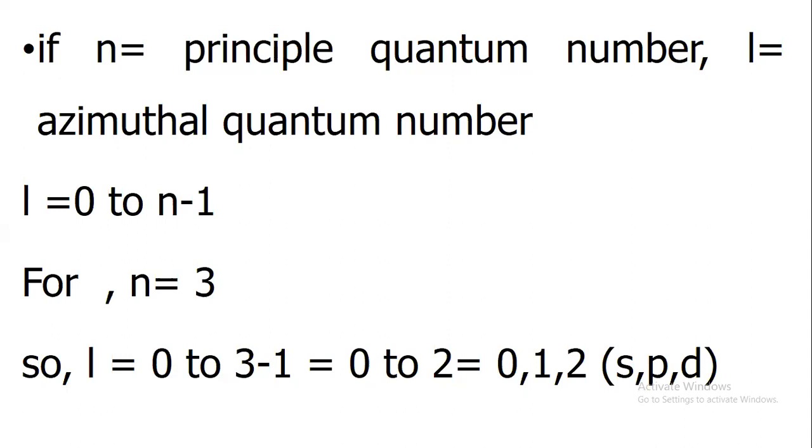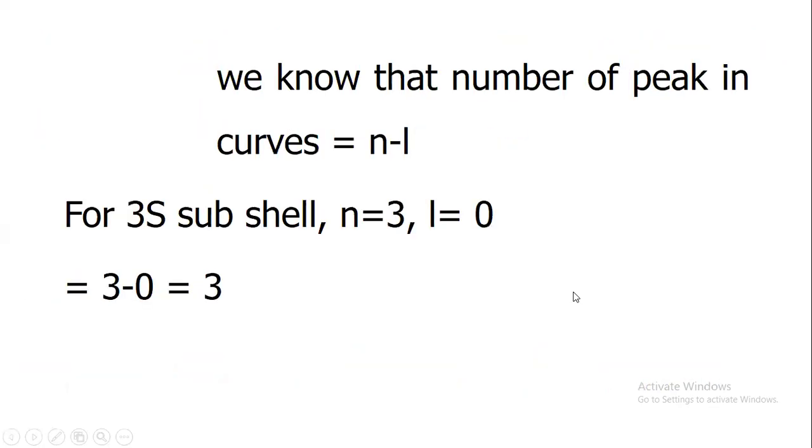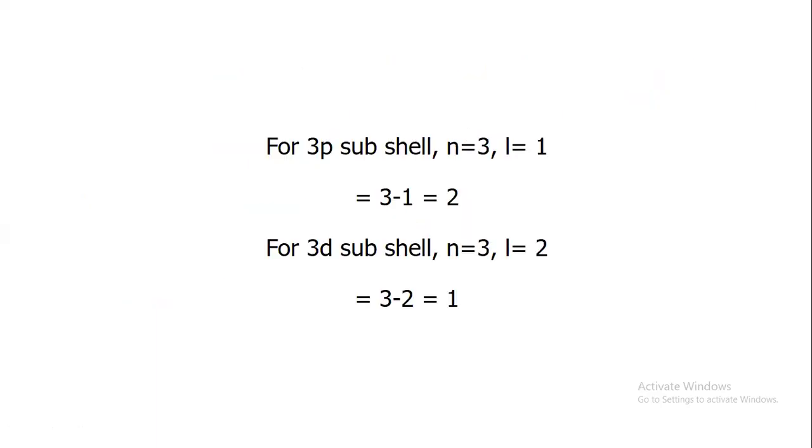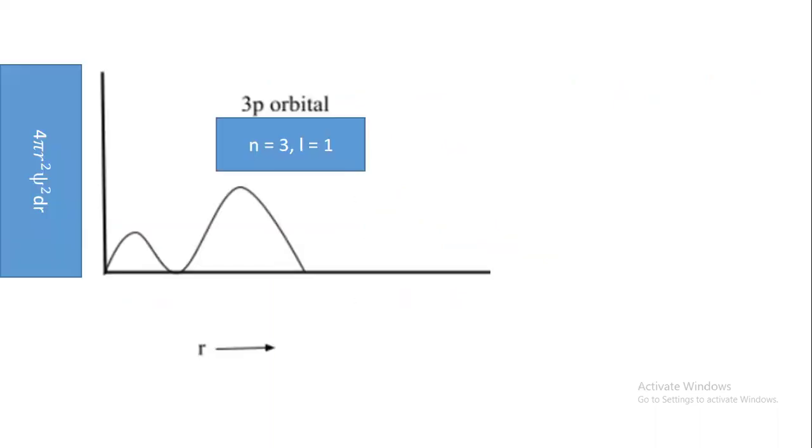For n equal to 3, l equals 0 to 3 minus 1, so 0, 1, 2 for s, p, d. The number of peaks in the curve is n minus l. So for the 3s subshell, 3 minus 0 gives 3 peaks. Similarly, for 3p, 3 minus 1 gives 2 peaks, and for 3d, 3 minus 2 gives 1 peak.